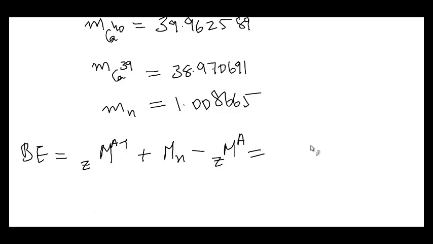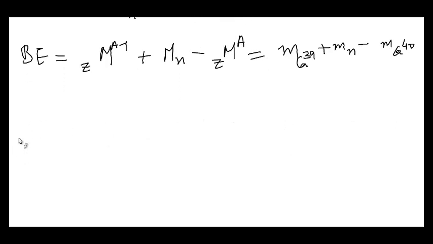So if I have to write it, it is the mass of calcium 39 plus the mass of the neutron minus the mass of calcium 40. That is what you have to do.